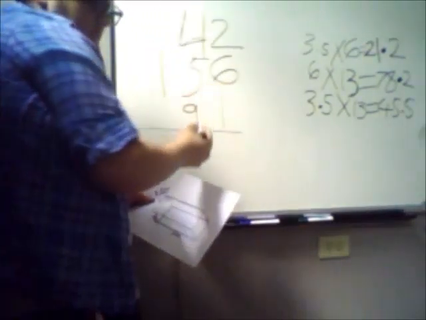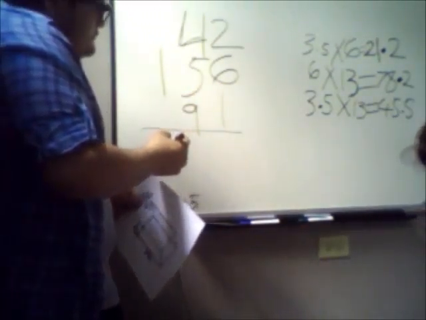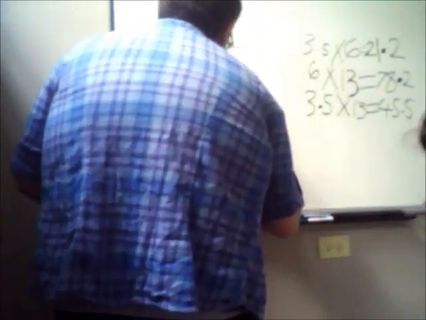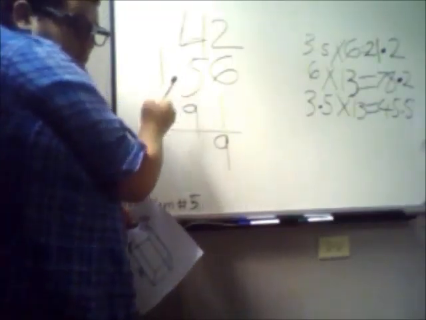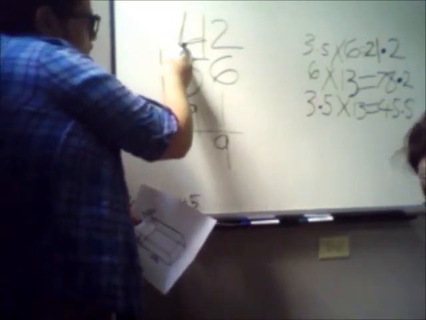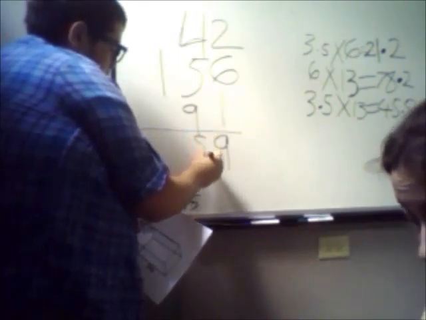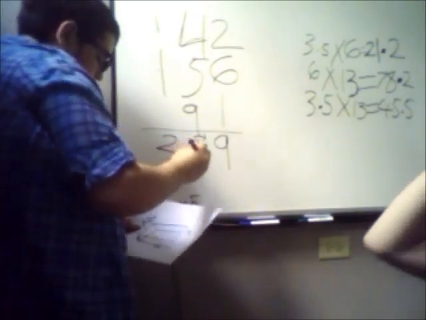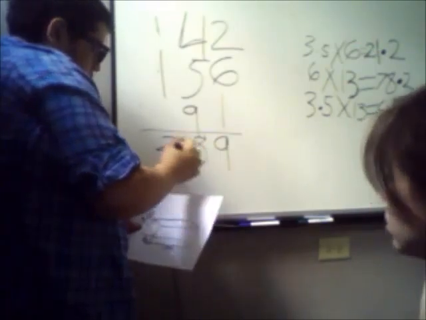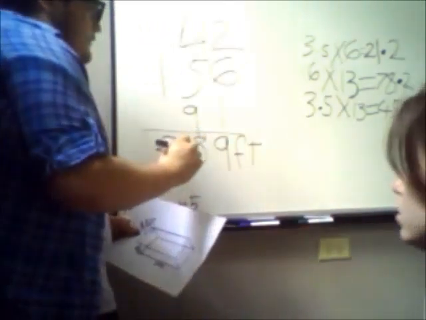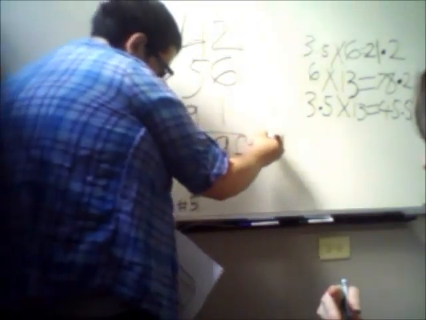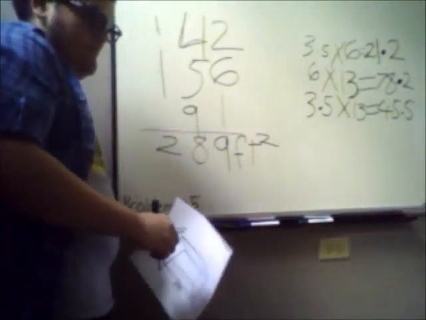So what's 42 plus 156? Then plus 91. That equals 289 feet squared.